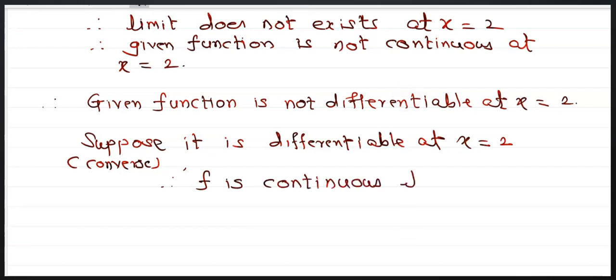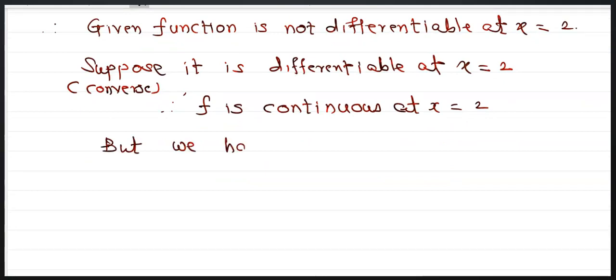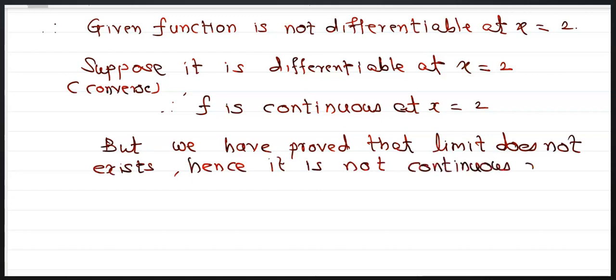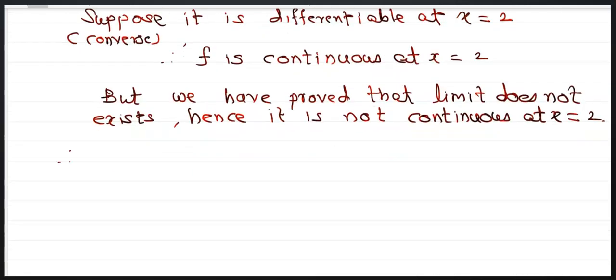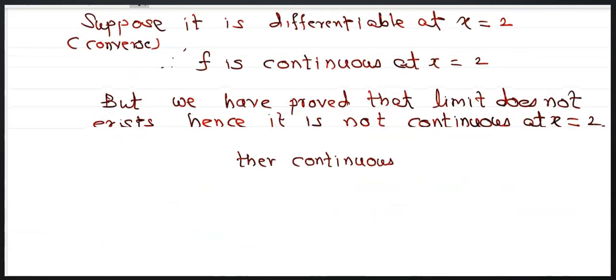Then it is continuous at x equals 2. But we have proved that the limit does not exist, and hence it is not continuous at x equals 2. Hence f is neither continuous nor differentiable.